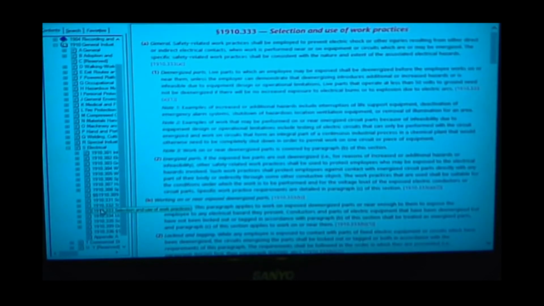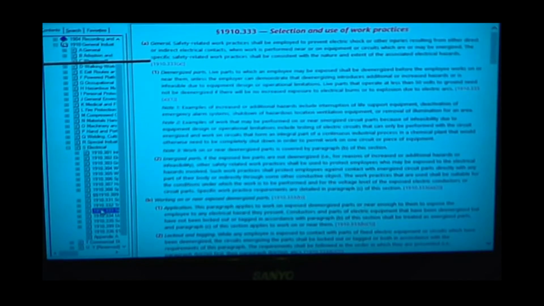Section 333 is the selection and use of work practices. Safety-related work practices shall be employed to prevent shock or other injuries resulting from either direct or indirect electrical contacts when work is performed near or on equipment or circuits which are or may be energized.